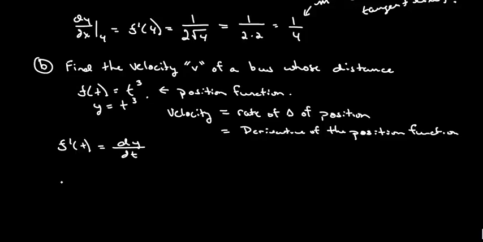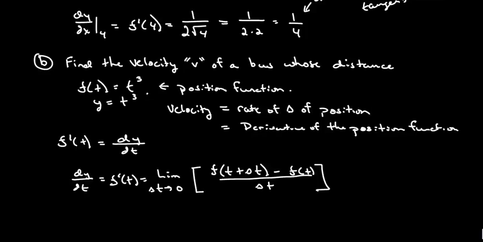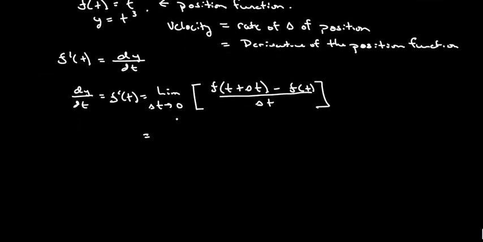Well, again, dy dt, which is f prime of t, is equal to the limit as delta t goes to 0 of f at t plus delta t minus f of t over delta t. If you want to replace these with x's, you can. You should just start to get used to writing with different variables. So our function is t to the third.